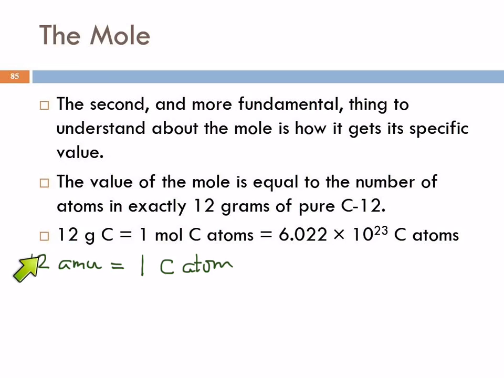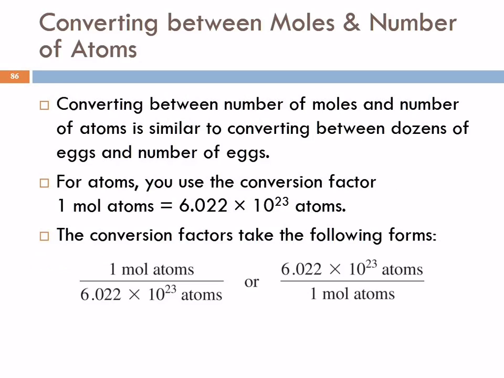So it was set up so that the numbers would be the same. 1 atom is this amount of atomic mass units. 1 mole is the same number, but in grams.